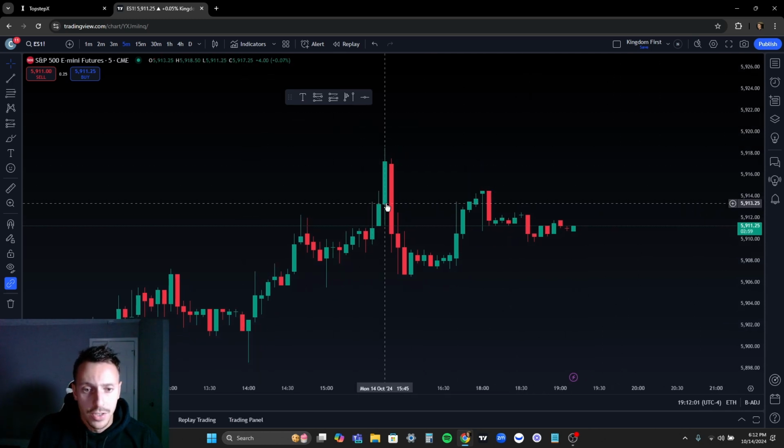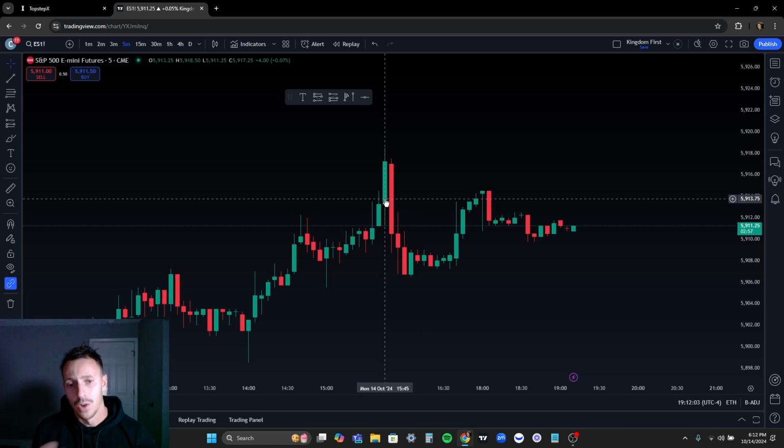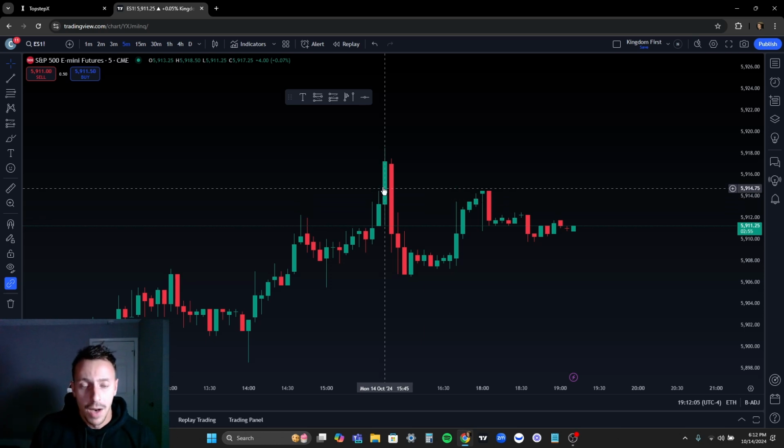For an up close candle, a green candle, this is the body, and these are the wicks coming off the body. The bottom of the body of a green candle is the opening of that candle. So this candle opened at this price here, okay?